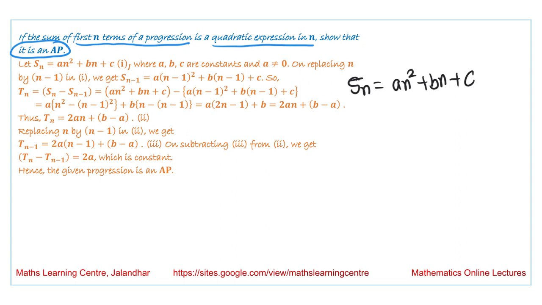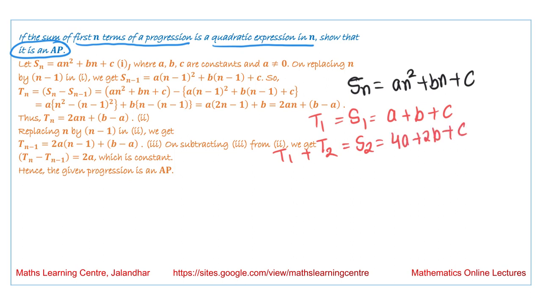Now if we want to write the value of the general term Tn, I am explaining it over here. S1 is a plus b plus c, that is the sum of one term, and that is equal to the term 1. S2 will be equal to the sum of two terms, that is T1 plus T2. So that is equal to 4a plus 2b plus c.